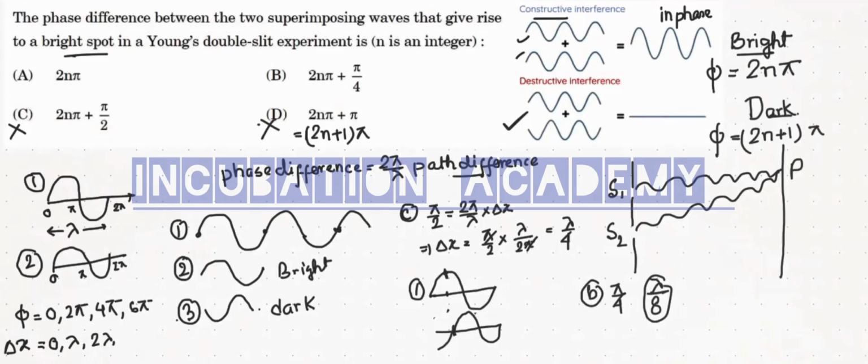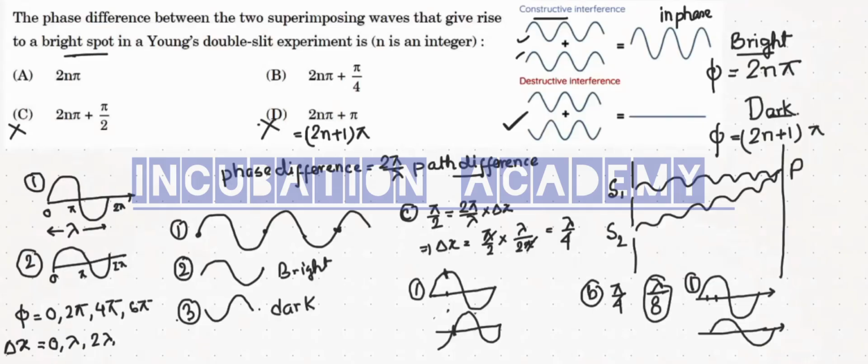If I draw it, it is like that. If this is wave 1, this is completely a theoretical discussion question along with understanding, a little bit competency based. So what is the meaning of lambda by 8? Lambda by 4 is this position, so this is lambda by 8 position. Another wave will start its motion from here. Obviously these are not in phase. Again, we are not getting the bright image.